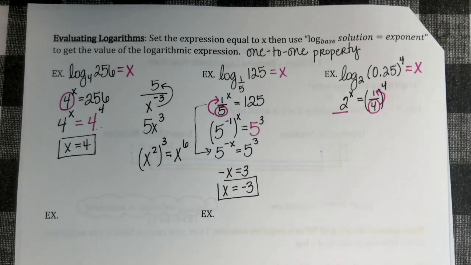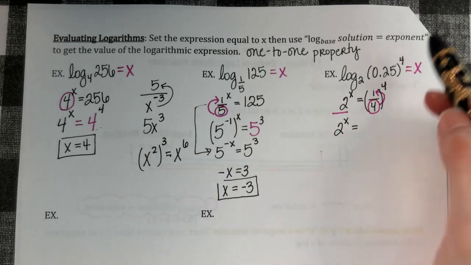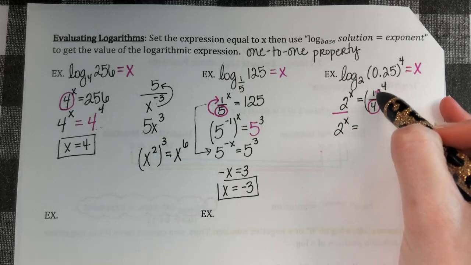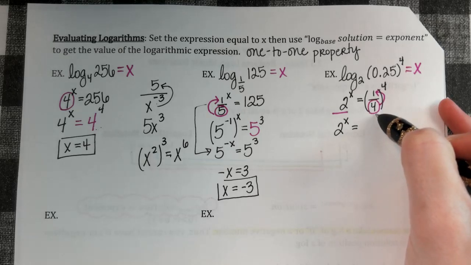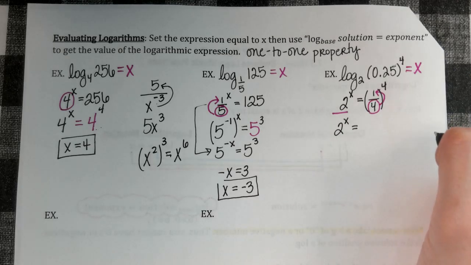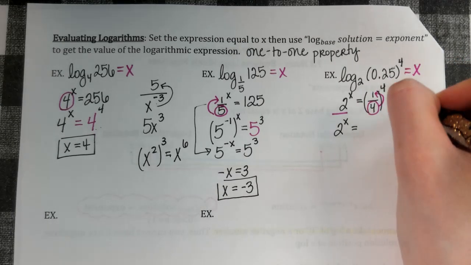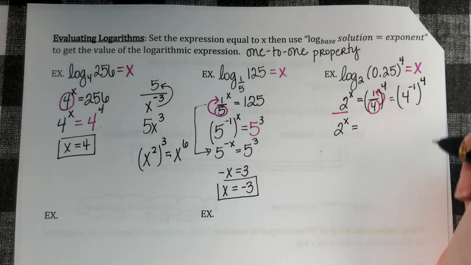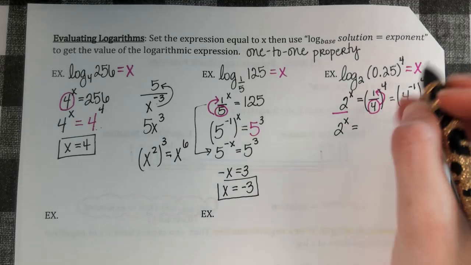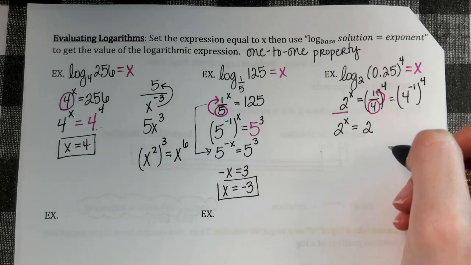So I'm going to have 2 to the x power equals, what is 1/4 going to be with its like base moved upward? How am I going to write that? Okay, so this is 4 to the negative 1 raised to the 4th. But 4 is really 2 to what power? 2 squared.